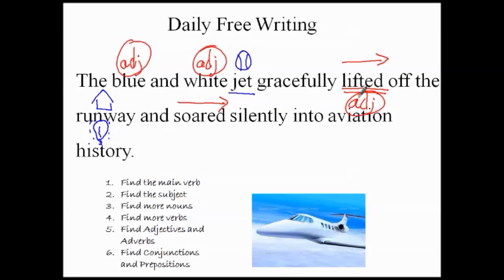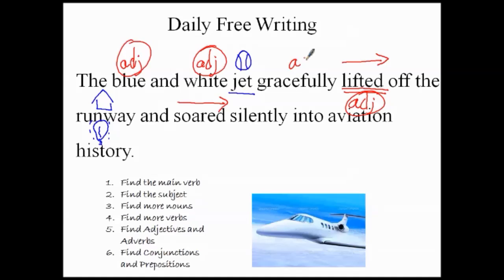Now, adverbs. Adverbs modify verbs and tell us when, where, in what manner, or to what extent. To find adverbs, we look at each of our verbs to see if they're being described or modified. You can always look for ly words. We see that the word gracefully is in our sentence, and it tells us in what manner the jet lifted off.